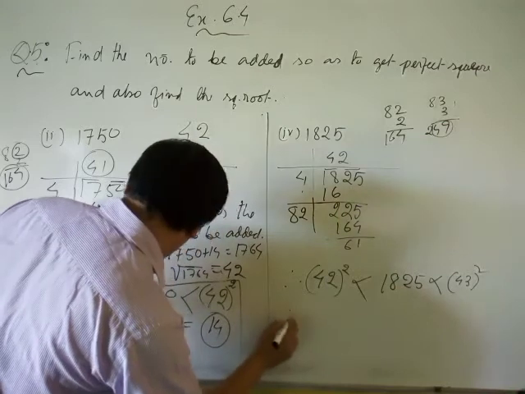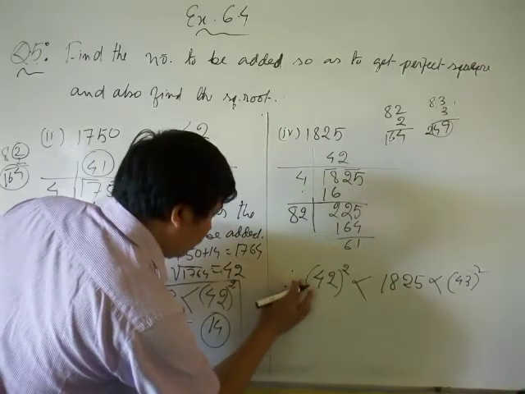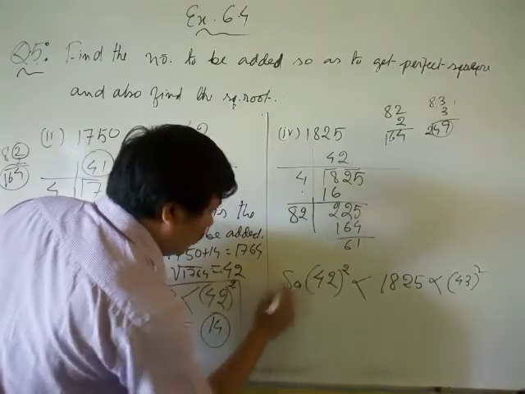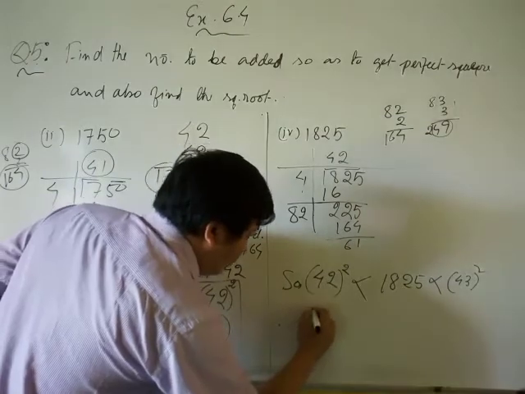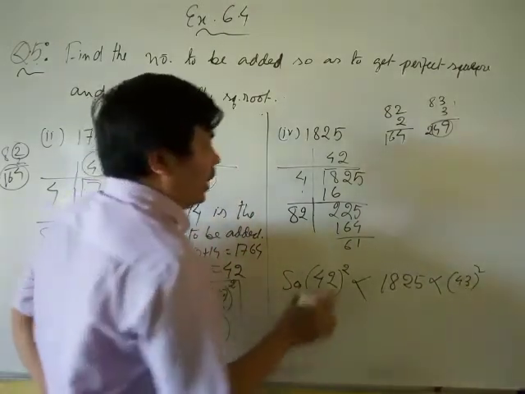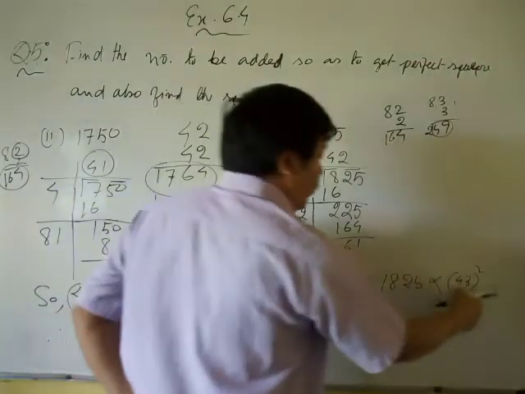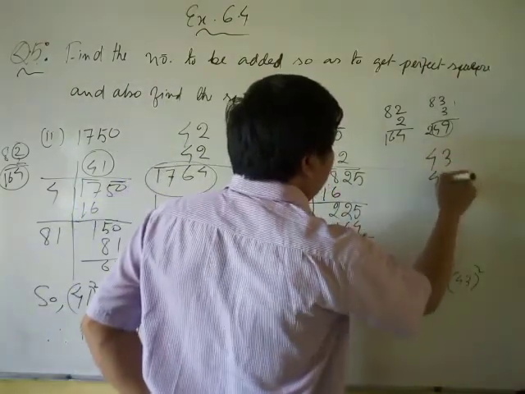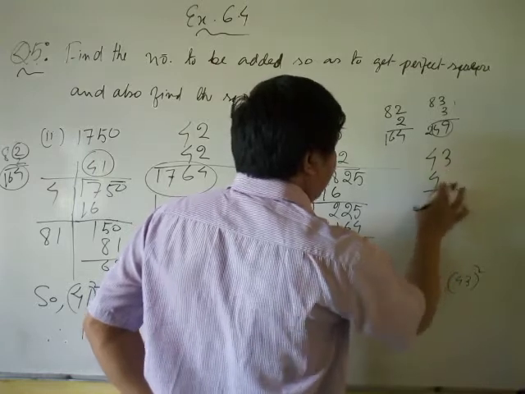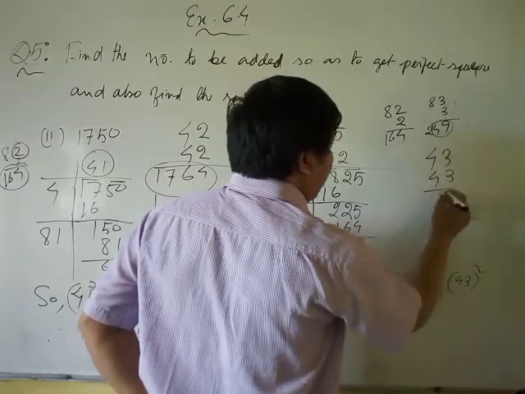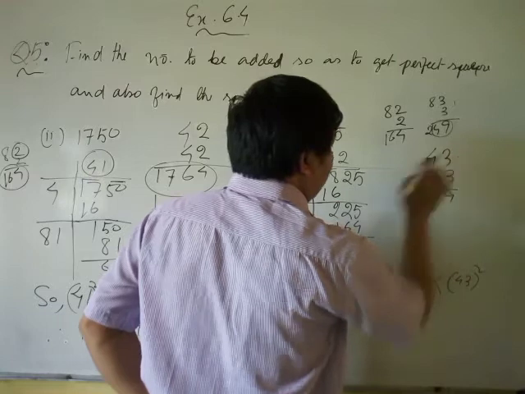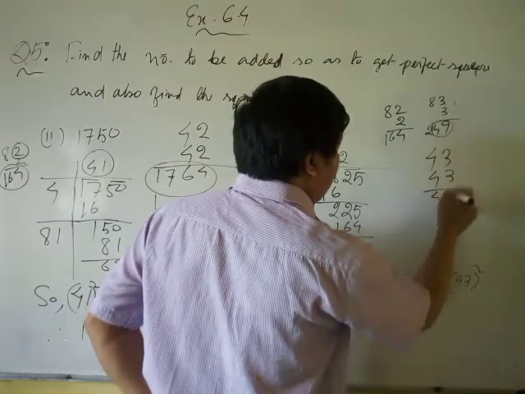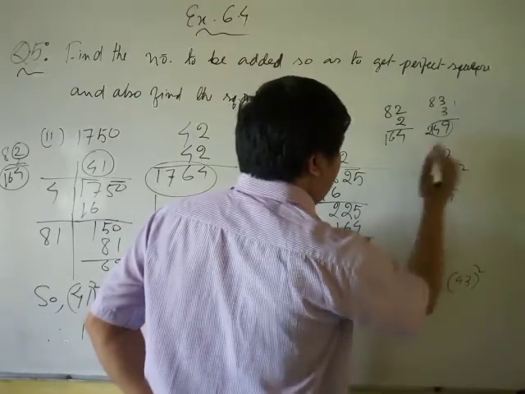Therefore, 43 square, how much do we get? 43, 43. 3 3s are 9. 4 4s are 16, 17, 18.